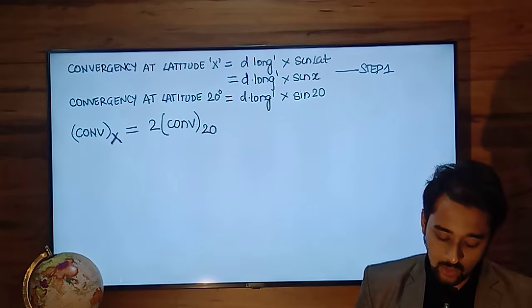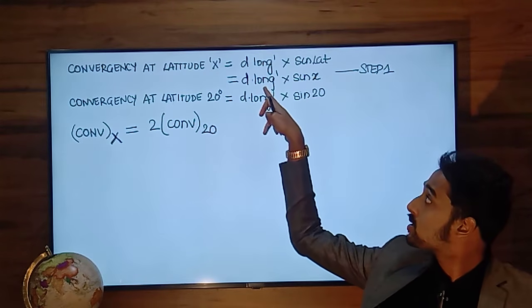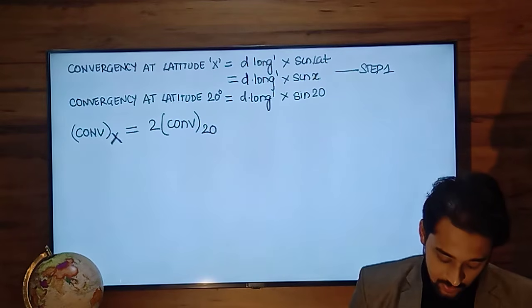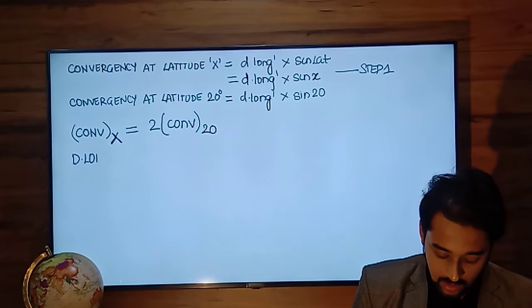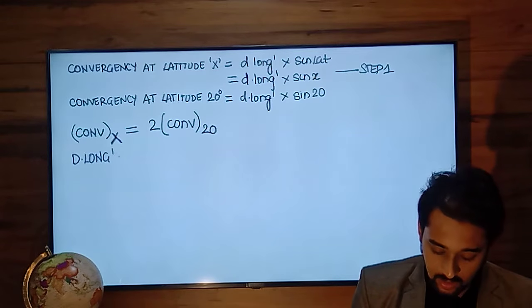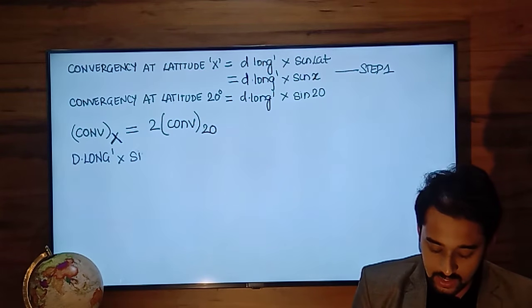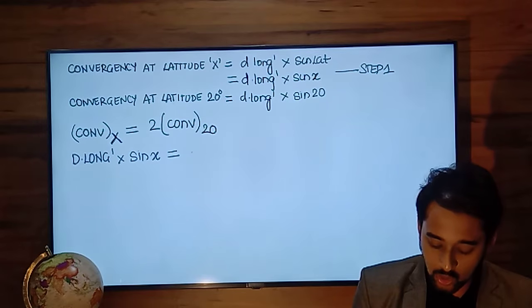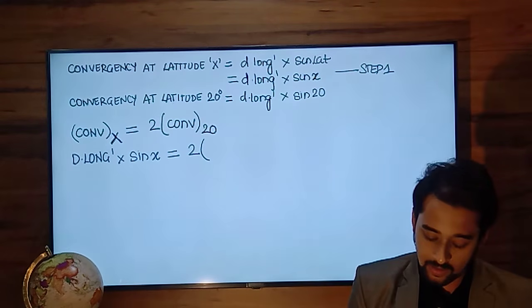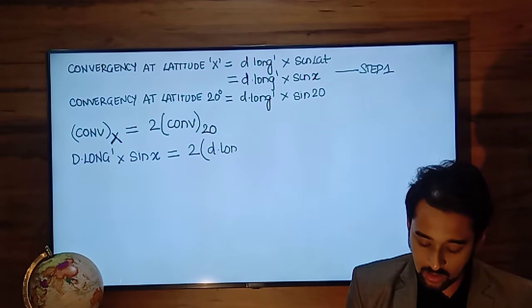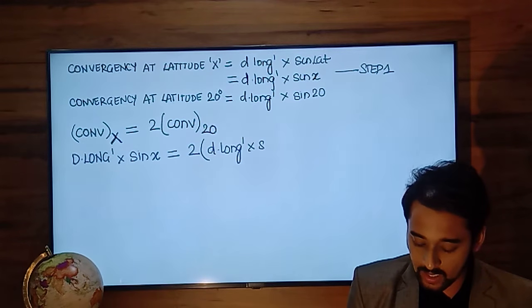Let's open the brackets. Convergency x is equal to d long into sine x, equals 2 into convergency at 20 degree latitude, which is d long into sine 20.